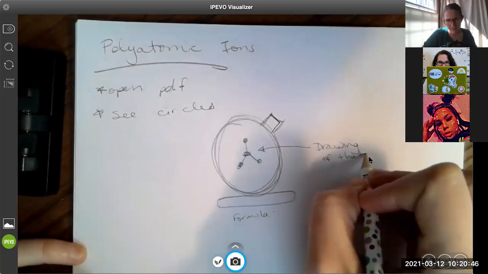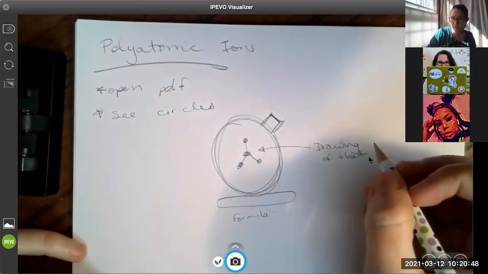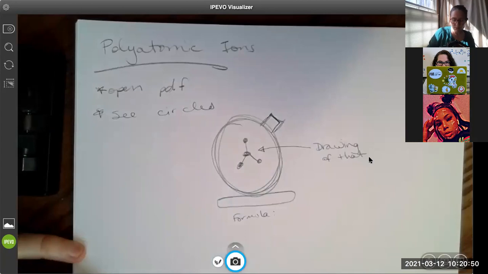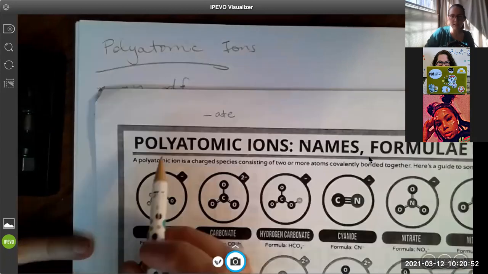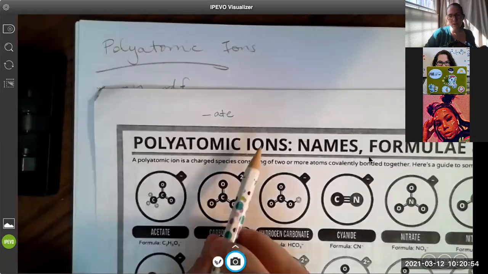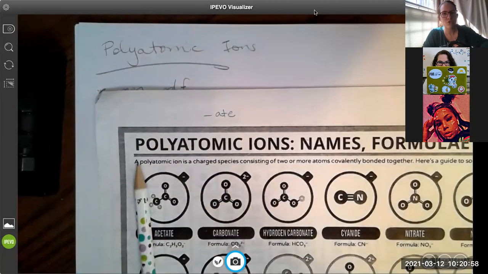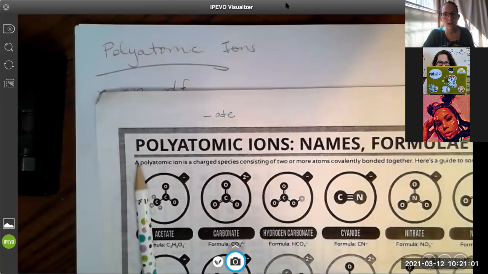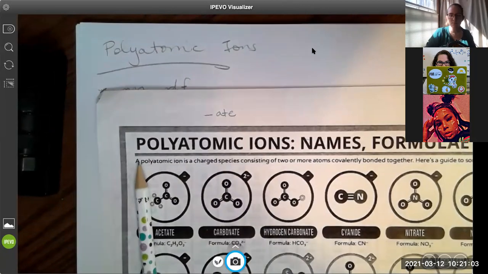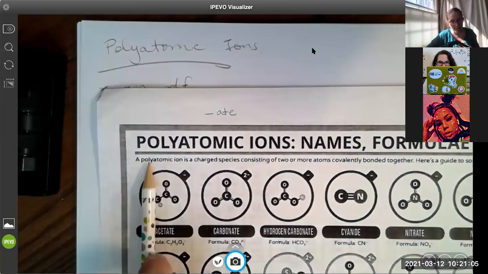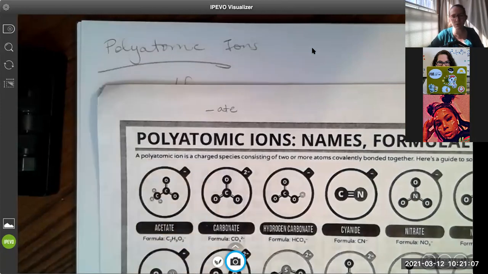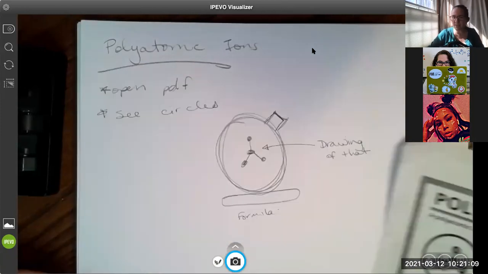And that thing, that's not a very specific set of words. These are all polyatomic ions. So they're all ions, just like the monatomic ions we've been looking at before are also ions.